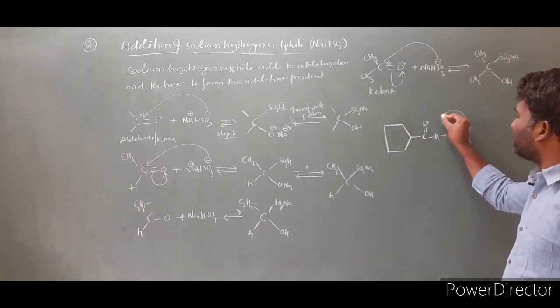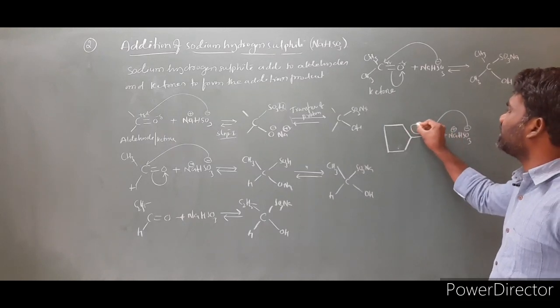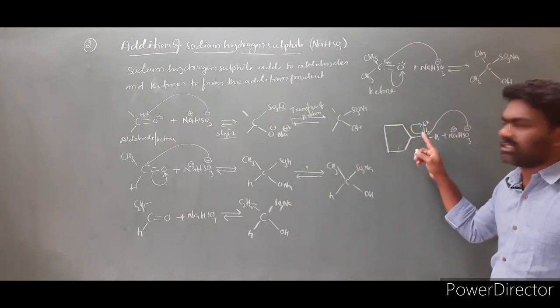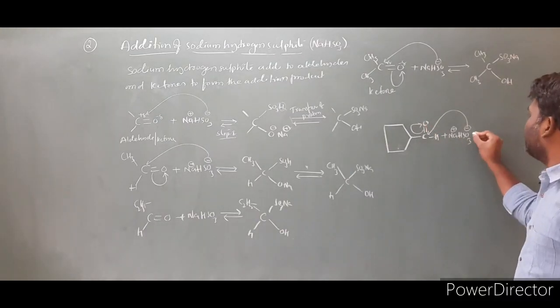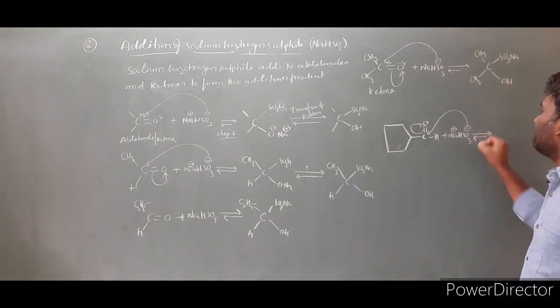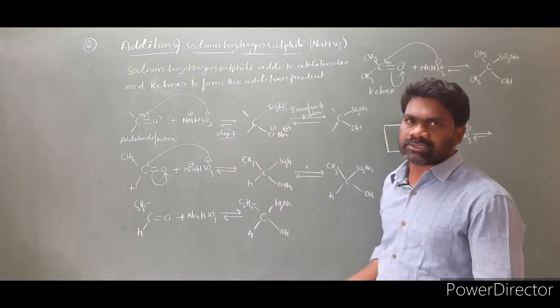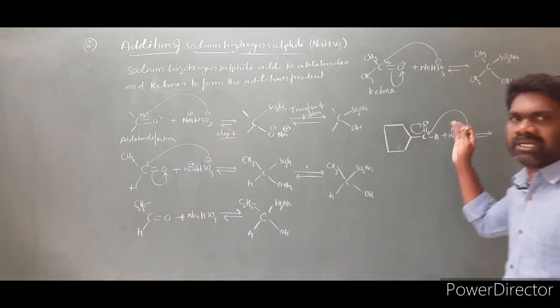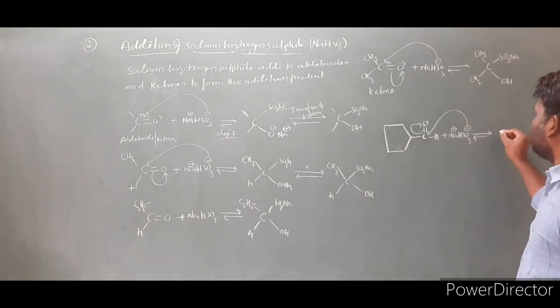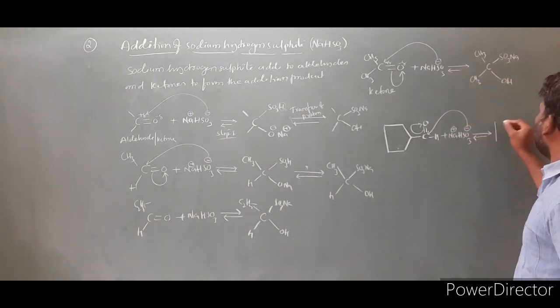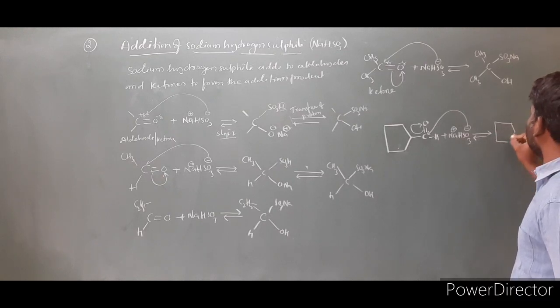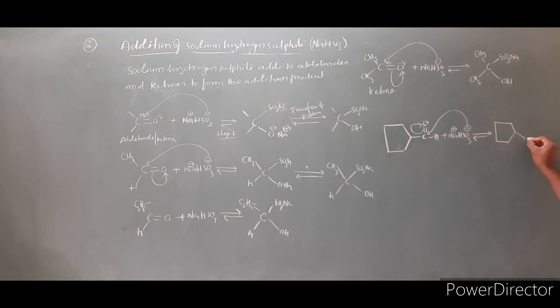This negative charge attacks this carbonyl carbon. This bond gets polarized, migrates to here, and gets a negative charge. Here also I am writing the direct product. The same mechanism we are following, because we previously did many reactions with a similar concept. So I am writing the answer directly. Then the product is C, with this hydrogen to this carbon, and here we are writing SO3Na.